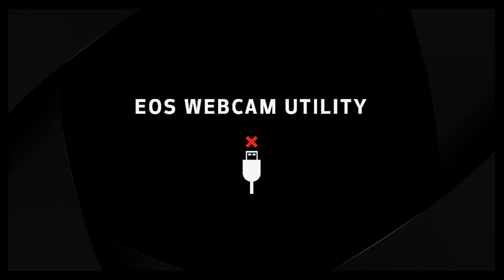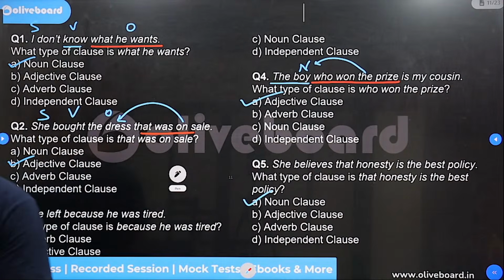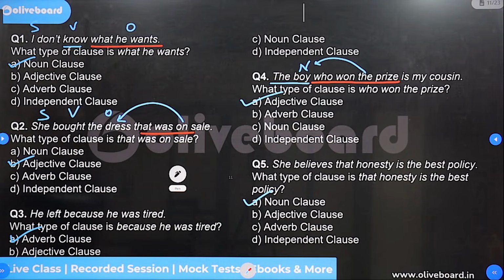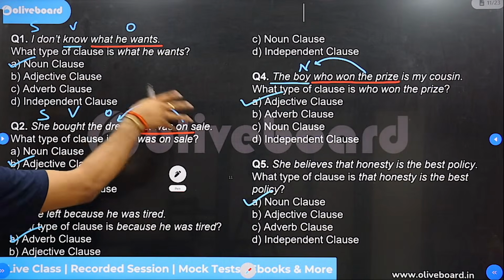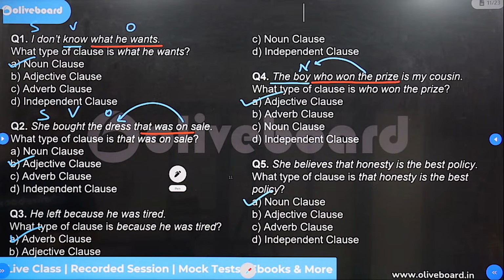Wait a sec. Okay. The dress, noun, that was on the sale. That dress, modifying the meaning of, or adding something to the meaning of, the dress.